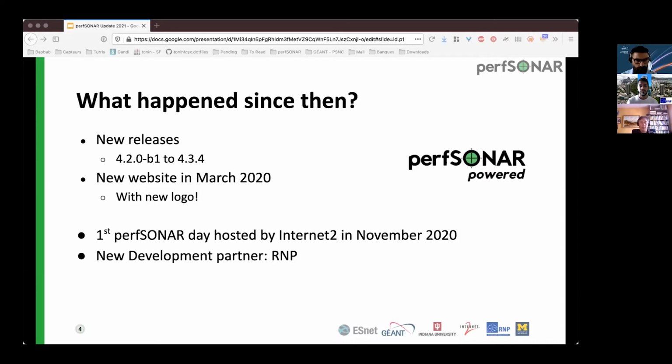They have already been involved with perfSONAR for a lot of years, maybe even nearly from the beginning, but they are now joining again with involvement in the development of the perfSONAR software, and Marcos will talk about that later today. And we also had, of course, a lot of discussions, meetings, calls throughout these 2 years, and some development work done.